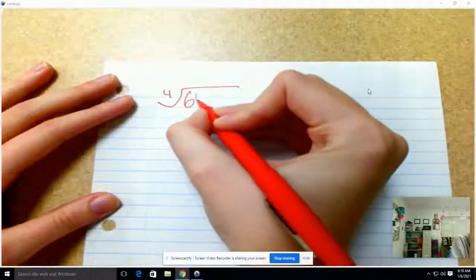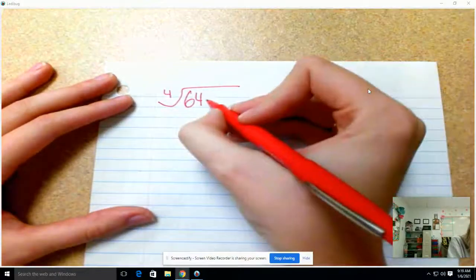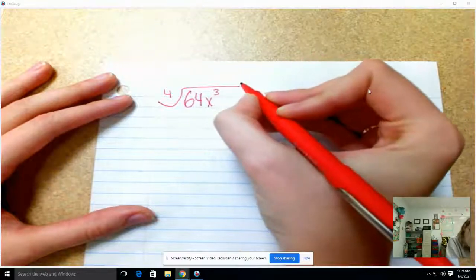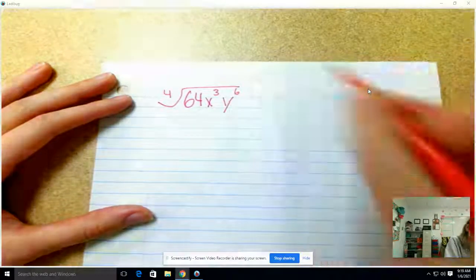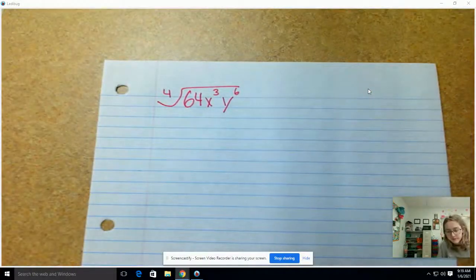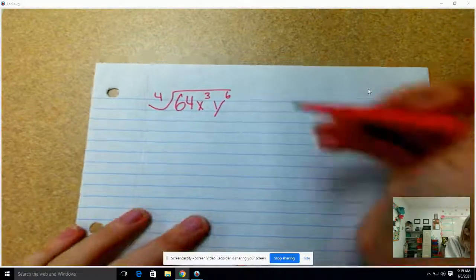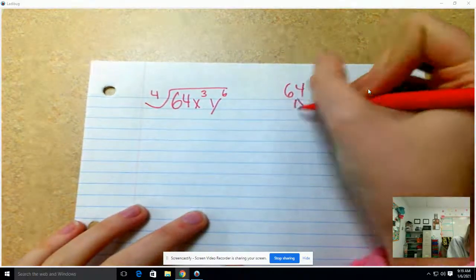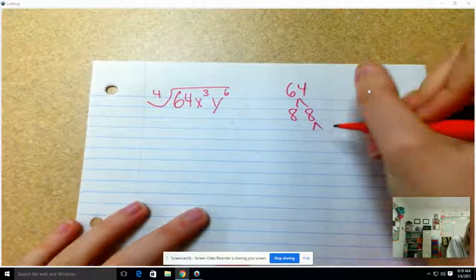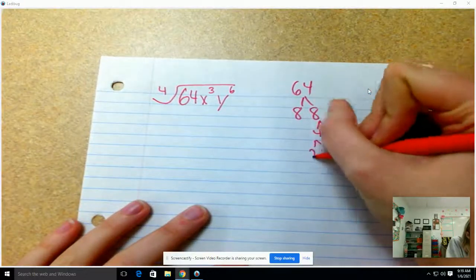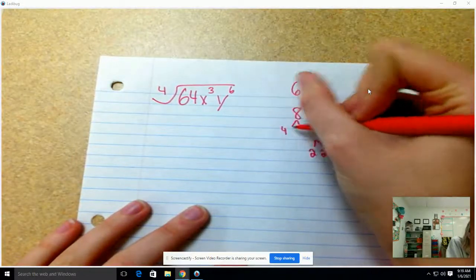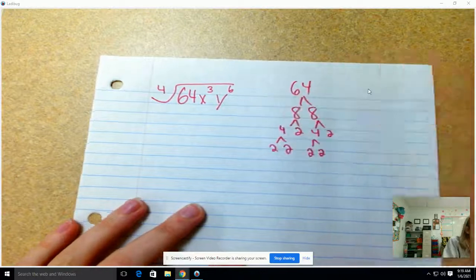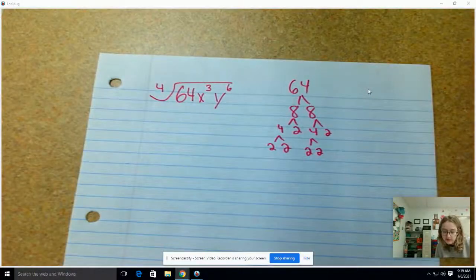I have a ton of examples, trying to pick which ones to do. 4th root of 64, x to the 3rd, y to the 6th. So we'll start with our 64. That's going to give me 8 and 8, 4 and 2, 2 and 2, 4 and 2, 2 and 2. Eventually you'll become pros at being a factor tree maker.